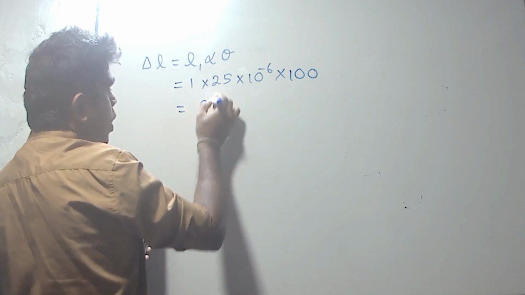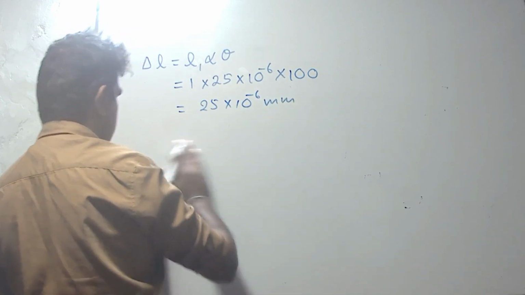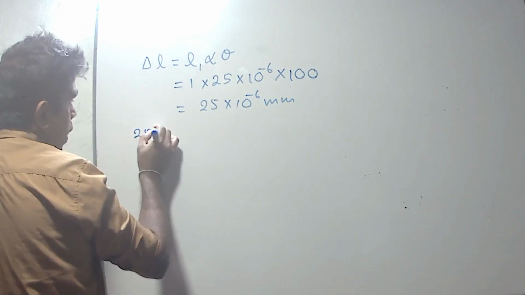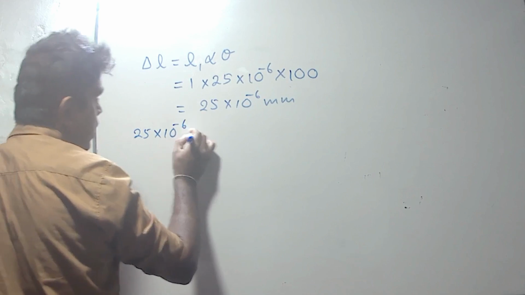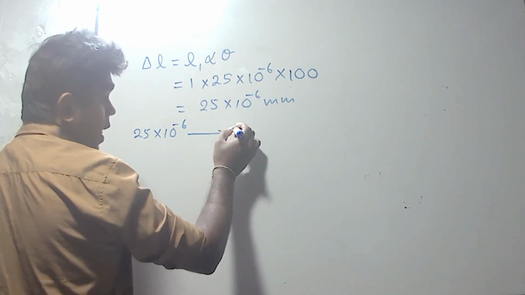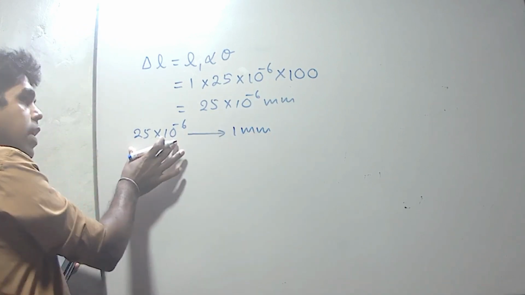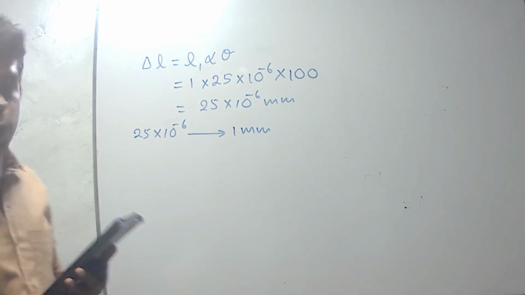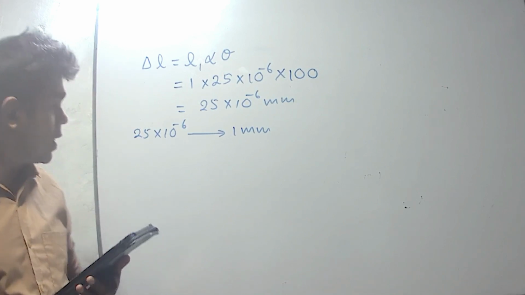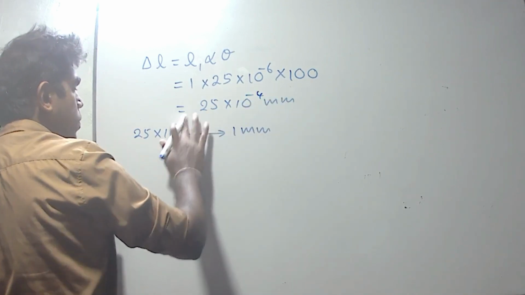Then we get 25 into 10 to the power minus 6 millimeters. It means the increase of length 25 into 10 to the power minus 6 millimeters for initial length 1 millimeter. Sorry, not minus 6, it is minus 4.